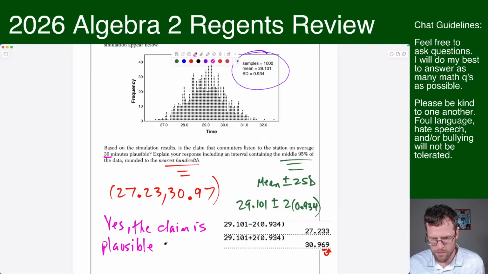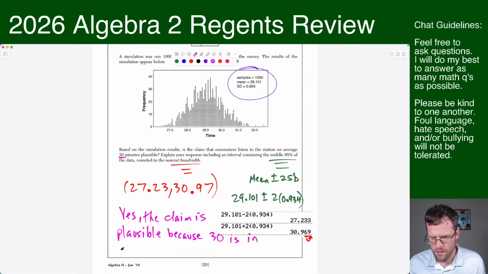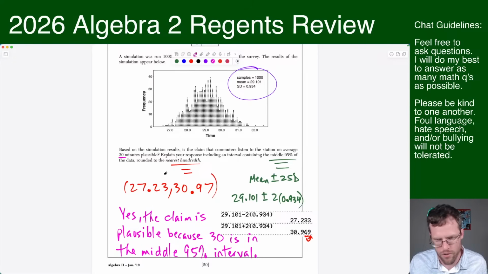So yes, the claim is plausible because 30 is in the middle 95% interval. I'm just using the exact language of the question. So including an interval containing the middle 95%, I'm calling it the middle 95% interval. Okay, and that number is in between these two. That's how I know this is a good claim.